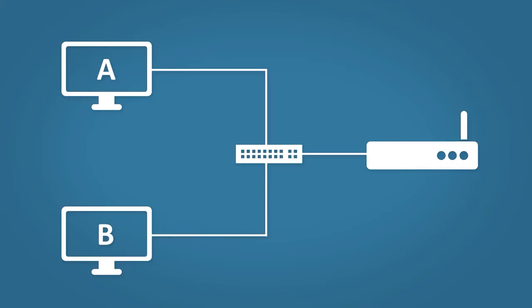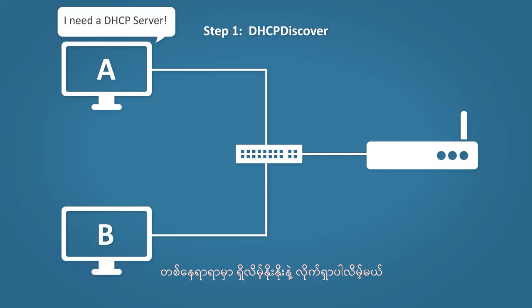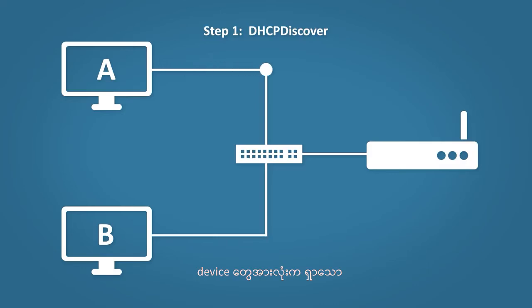At home, it's likely built into your router, but in an enterprise network, it's likely handled by a server. So when you turn your PC on, if it doesn't have an address, it looks for a DHCP server. It just shouts out to everyone, hoping somewhere on the network there is a DHCP server. This is a broadcast message. All of the other devices get this message, look at it, and drop it.